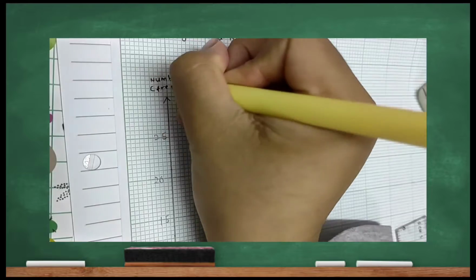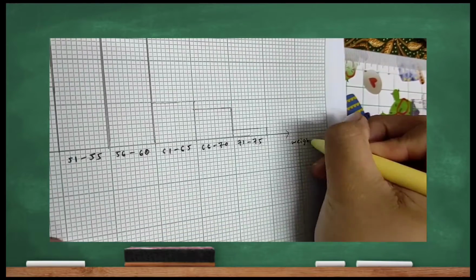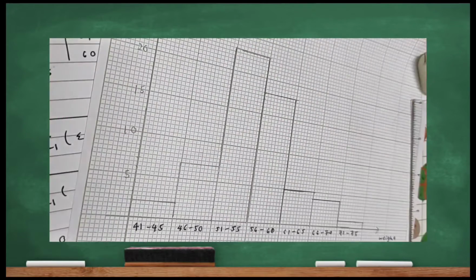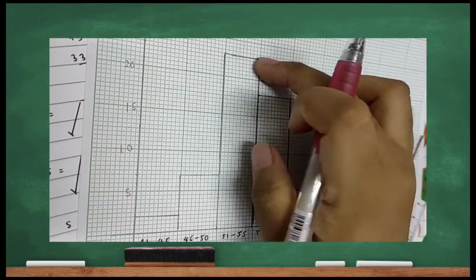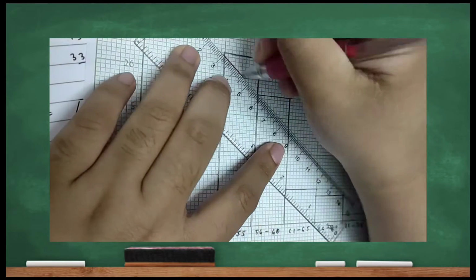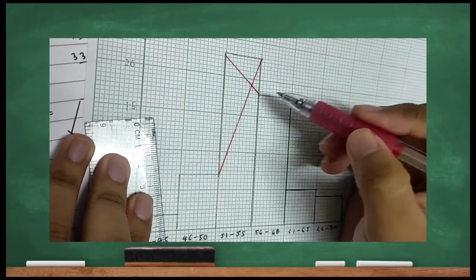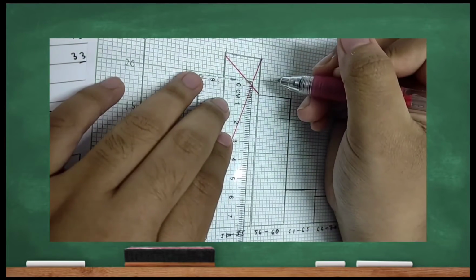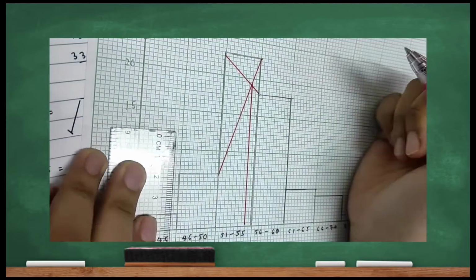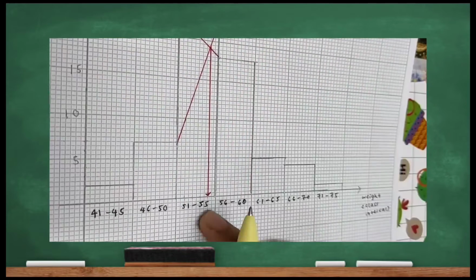On the side of the graph, we stated the number of students, while at the bottom is the weight of students. And for the next step, we have to find the highest bar and draw 2 lines from point to point. And then we make a straight line from where the points intersect to get the histogram mode.